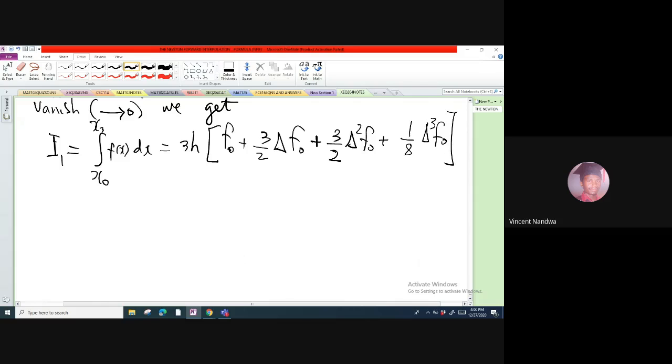So you are replacing n with 3 in formula 3. That's how we are getting this. When you do simplification, you get 3/8 h into f0 plus 3f1 plus 3f2 plus f3.